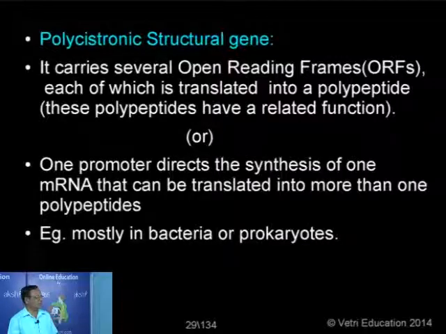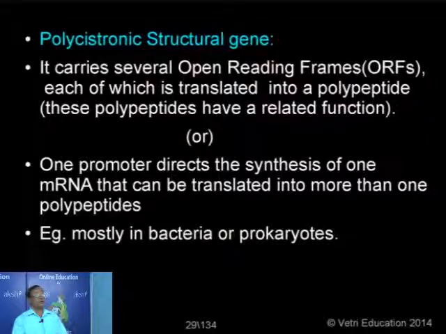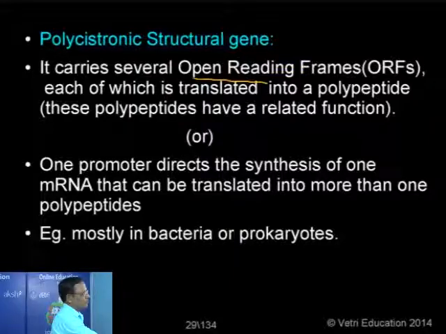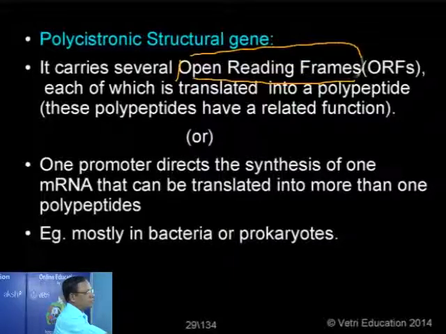Then the second type, polycistronic structural gene. In the case of this polycistronic structural gene, it has many open reading frames. The open reading frames are nothing but the frames having the message. Each open reading frame is normally translated into a polypeptide chain. But the promoter is one, and the formation of mRNA is one.